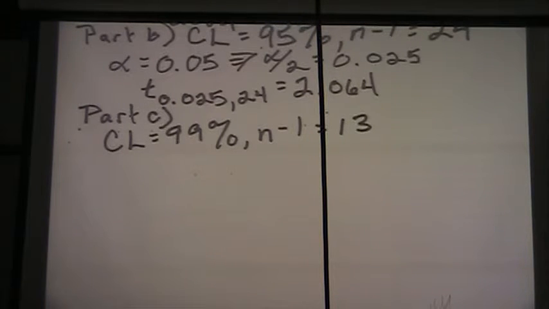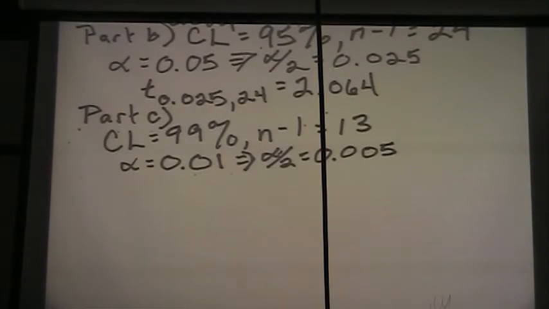All right, at a confidence level of 99%, that means that alpha is going to be equal to 0.01, implying that alpha divided by 2 is going to be equal to 0.005. Okay, so we have our alpha divided by 2 because this is a setup for a two-sided confidence interval.